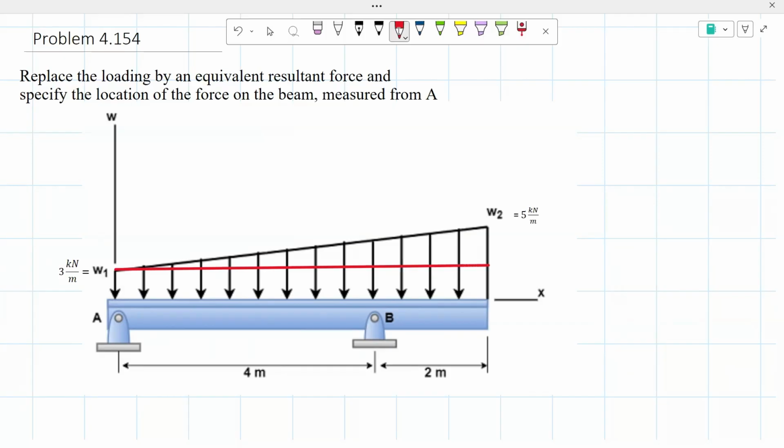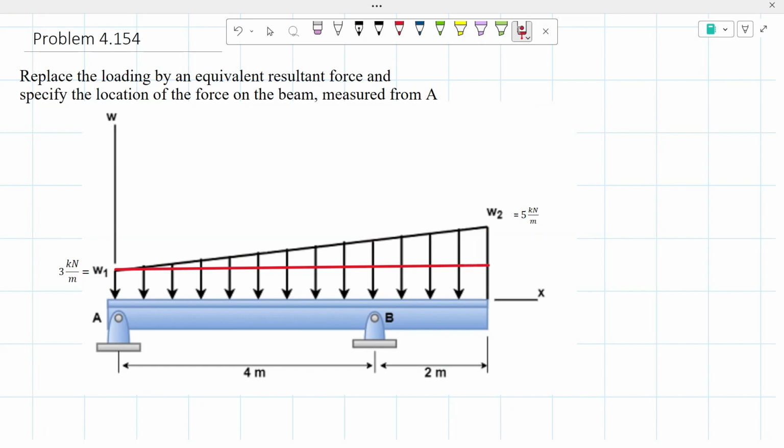So now that we have this rectangle, we know that it will have a constant loading of 3 kilonewtons per meter. Now for our right triangle, we knew that at the beginning, this was the max weight of the loading, and all of this was 5 kilonewtons over meters.